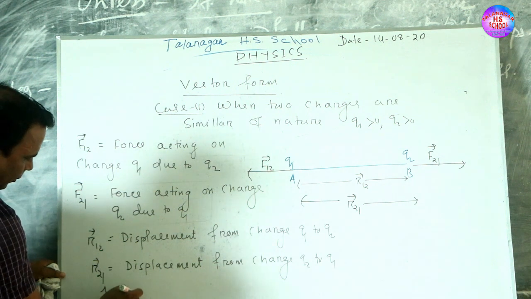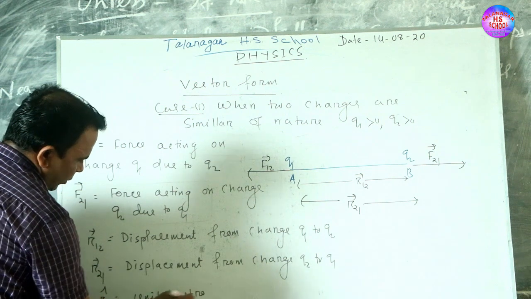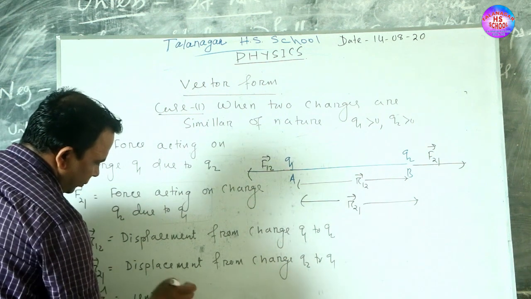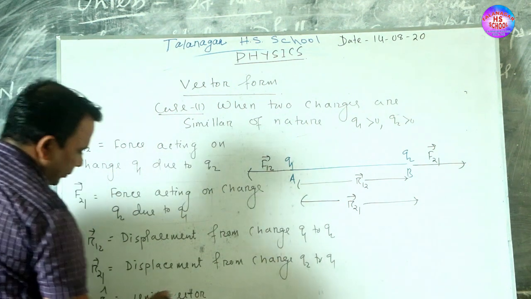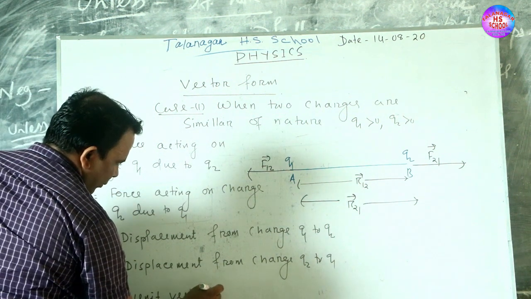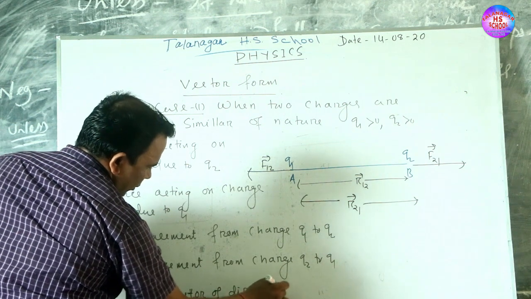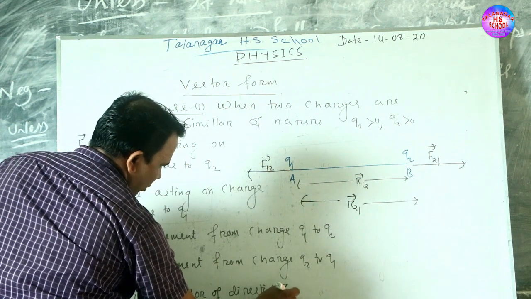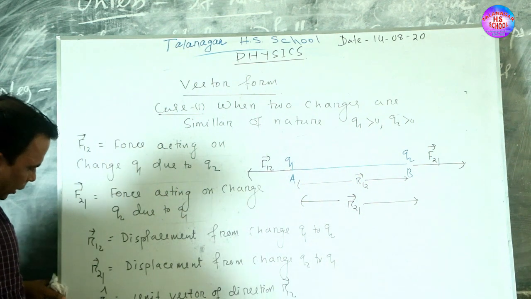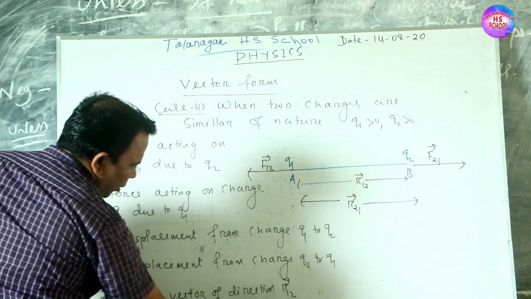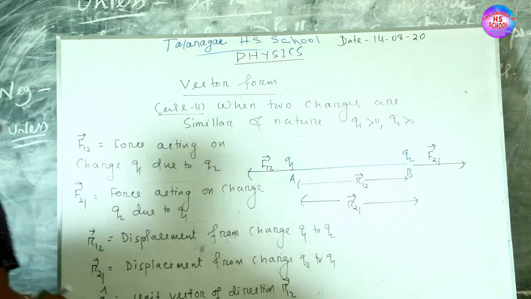R12 cap is the unit vector of direction R12 vector. R21 cap is the unit vector of displacement R21 vector.